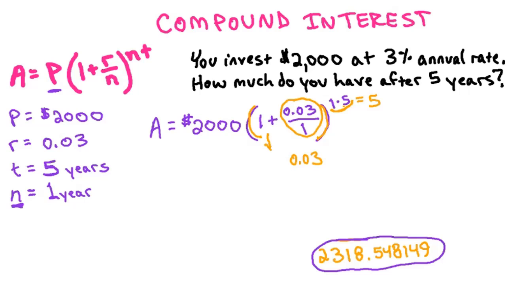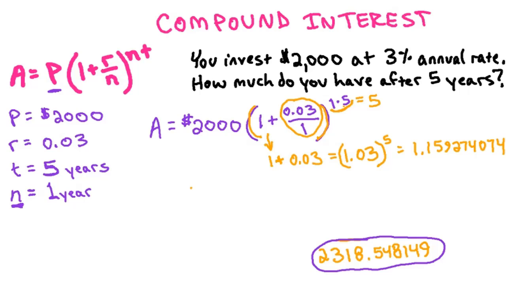And then we're going to bring the 1 plus down. So 1 plus 0.03 is 1.03. So that's our total in the parentheses. And then we're going to take that to the power of 5. So 1.03 to the power of 5 is 1.159274074.